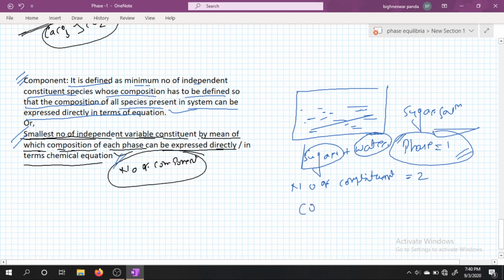So here component is 2. That means it is a 2 component system. The minimum number of constituents I require is one is sugar, another is water. So in order to define the phase, we have to consider a 2 component system.